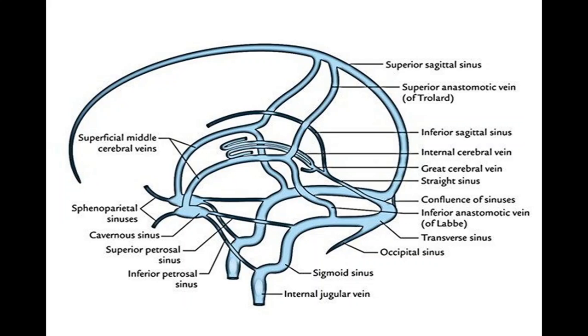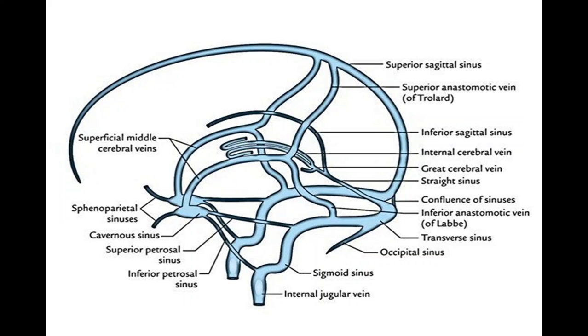So now coming to the venous drainage. I guess there is nothing much to be explained in this venous drainage because you already learned the dural venous sinuses. Those are the dural venous sinuses which drain venous blood from all parts of the brain, and ultimately all that blood present in the dural venous sinuses passes through the internal jugular vein, which passes through a jugular opening in the base of the skull.